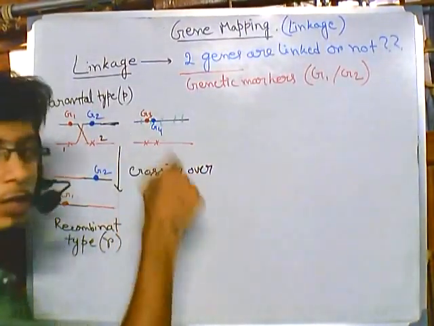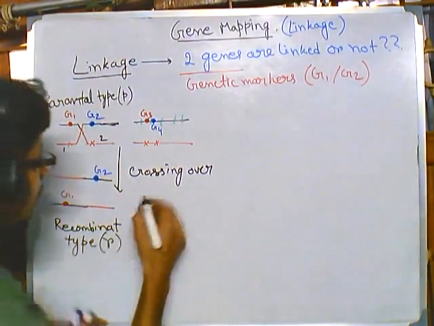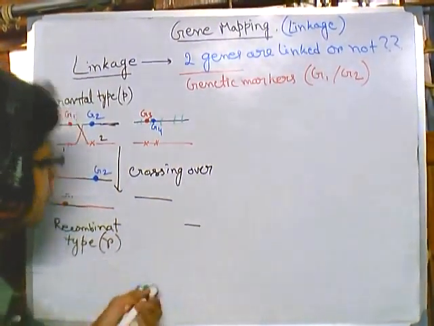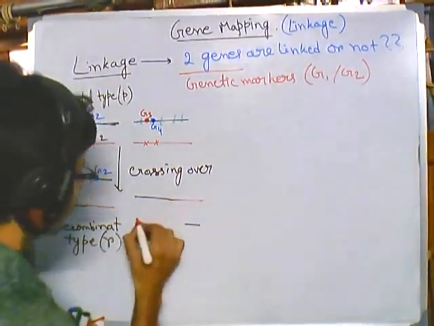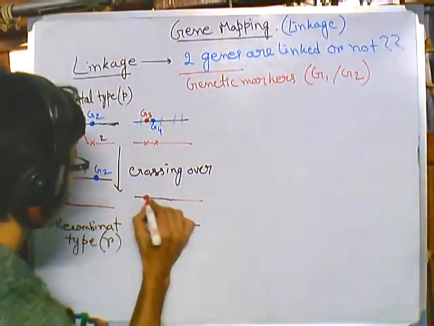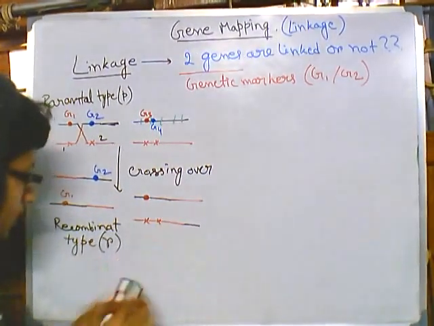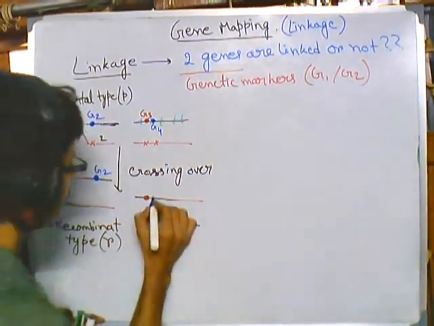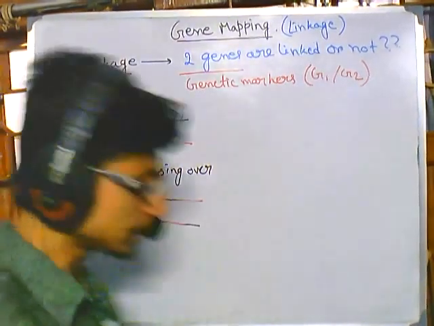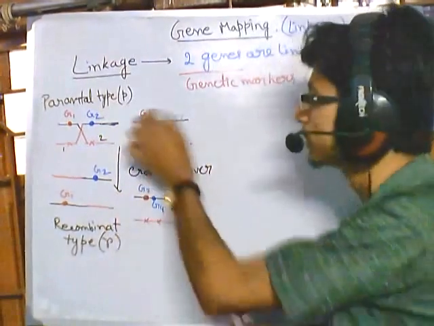So in this case also the crossover happens and things will change. Say, for example, recombinant progenies are generated, but though the recombinant things are generated, these recombinant things will never disrupt the placement of G3 and G4.